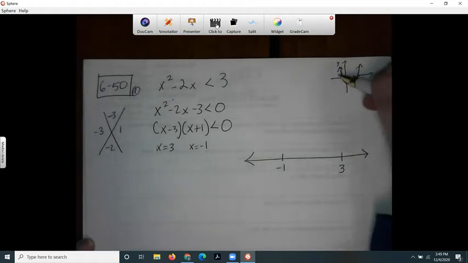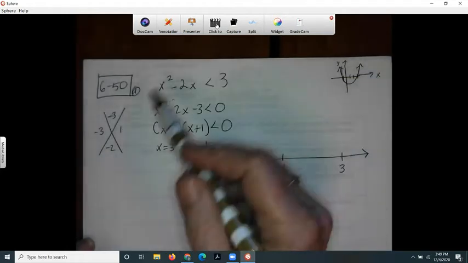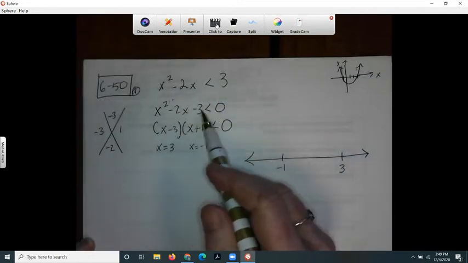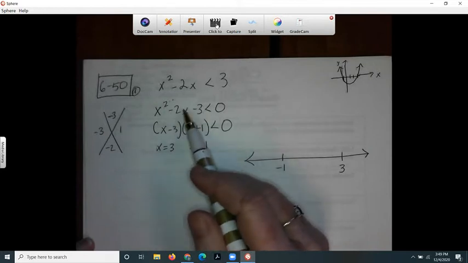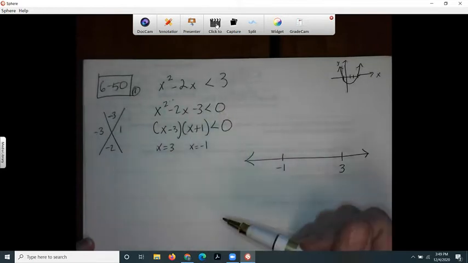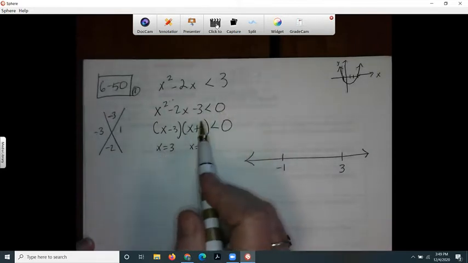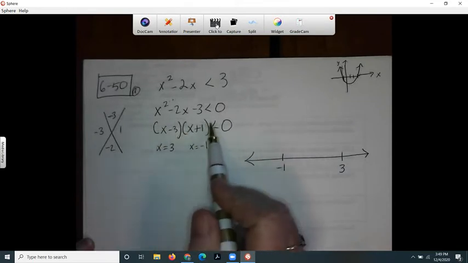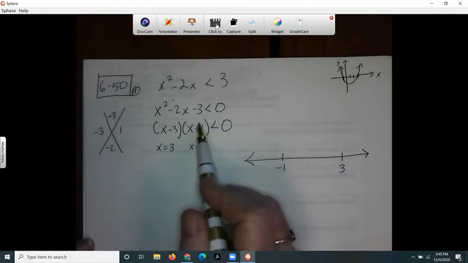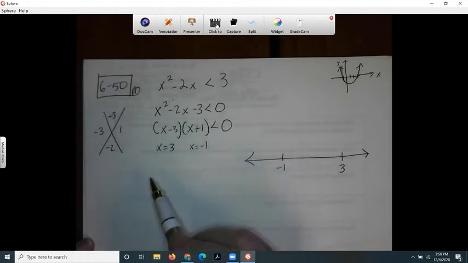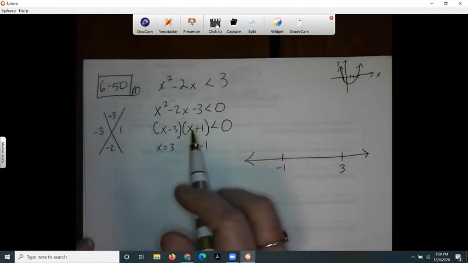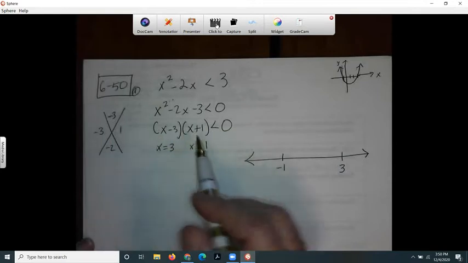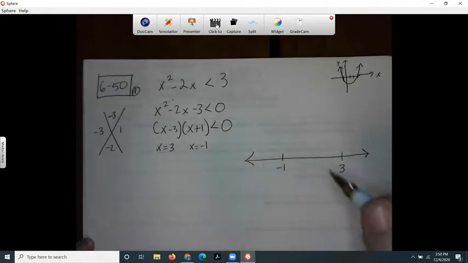That's the whole reason we compare them to 0. This says the left-hand side of my inequality is less than 0, and anything less than 0 means it's negative. So I'm going to start plugging numbers into these regions, and I'll use a pencil.